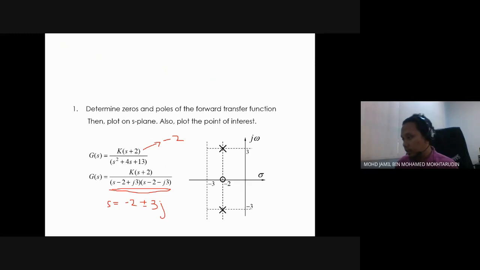So it's here and it's here. Usually you represent poles using a cross X, and you represent zeros using a circle. So the circle here is the zero. The zero is -2, and the poles are -2 plus 3j and -2 minus 3j, which are the X marks. And then you also plot the point of interest, which is here, -3 plus 0j. That's the first step.